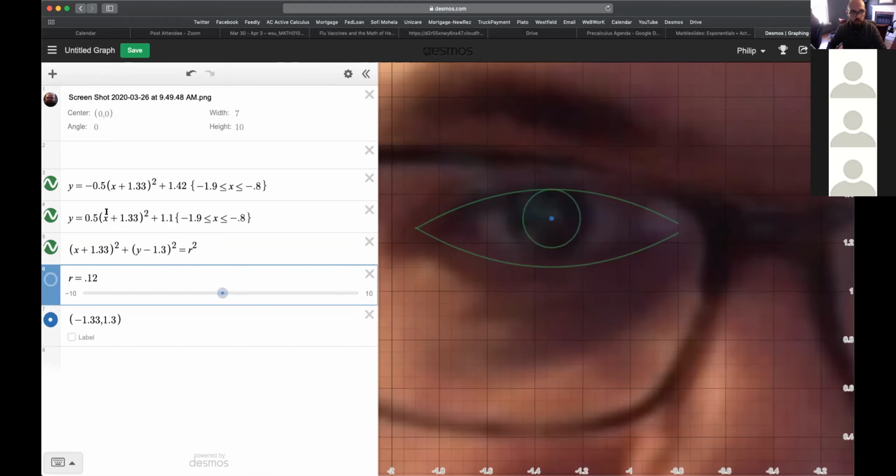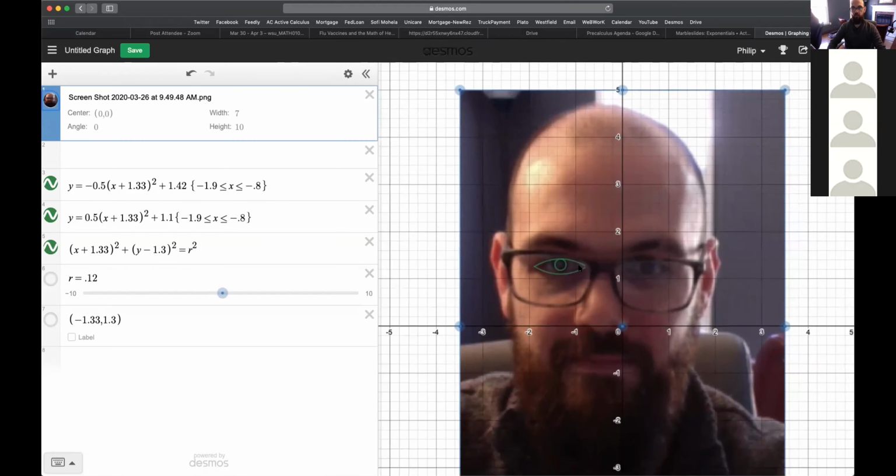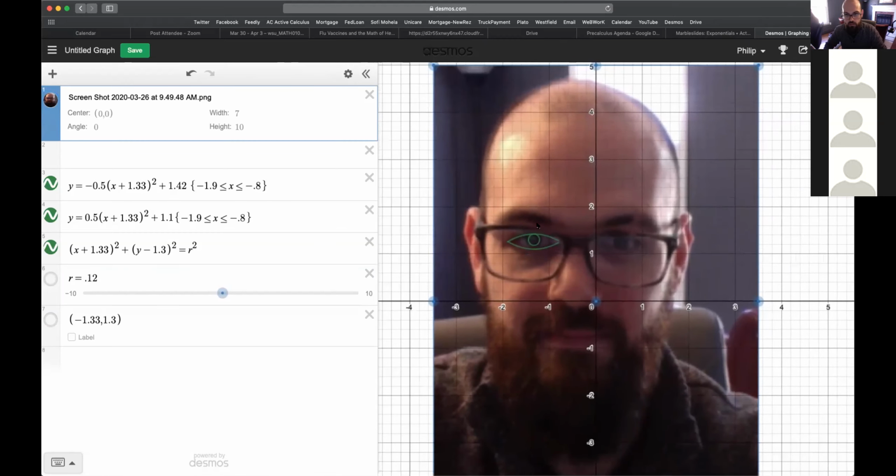If we zoom out from that, it seems like it's modeling an I reasonably well. It's not going to be perfect, but I would say that's a pretty good start, and then you would have an I there.